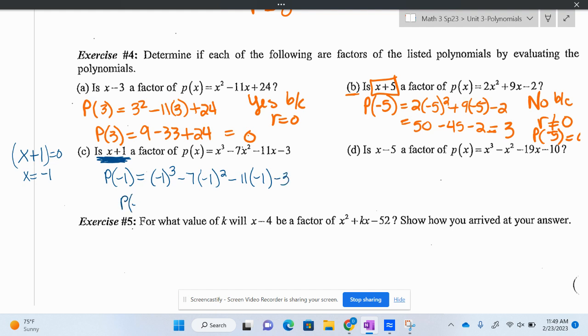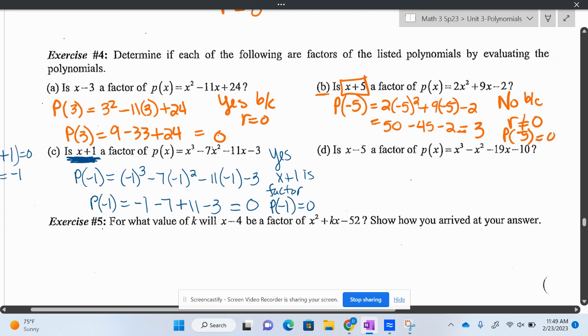So let's see. Negative 1 cubed is still negative 1. Negative 1 squared is a positive 1 times a negative 7 is a negative 7. Negative 11 times a negative 1 is a positive 11 minus 3. So negative 8, yeah, it equals 0. So yes, x plus 1 is a factor because p of negative 1 equals 0. No remainder.